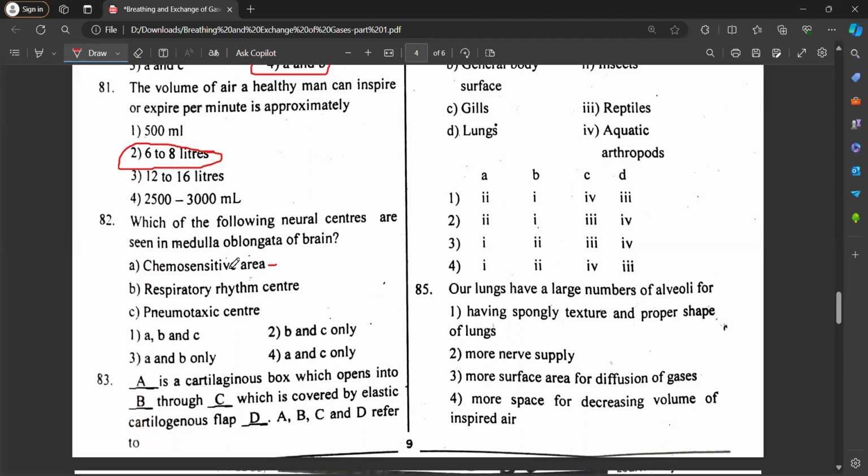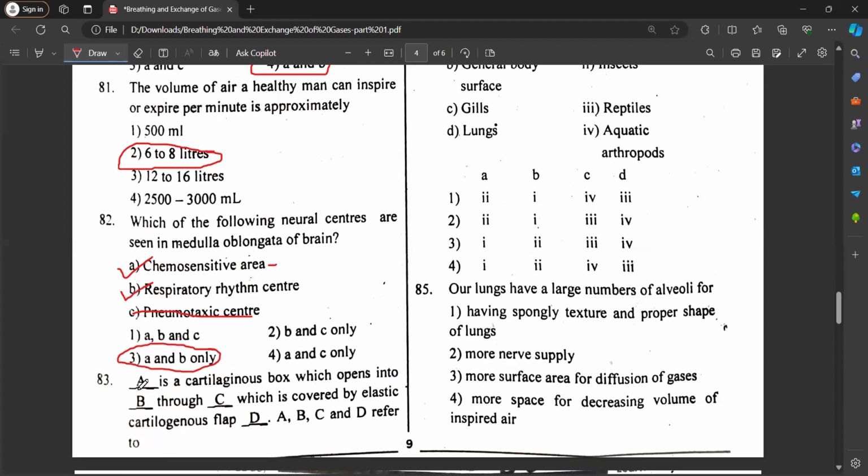Therefore, indirectly, the chemosensitive area is present in the medulla. Even the RRC is present in the medulla. Then the pneumotaxic center is present in the pons. Therefore, A and B are the neuronal centers present in the medulla oblongata.